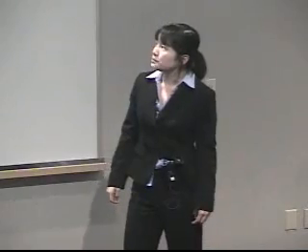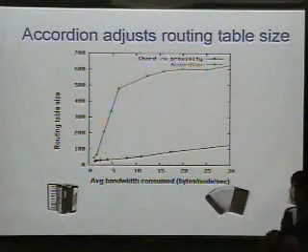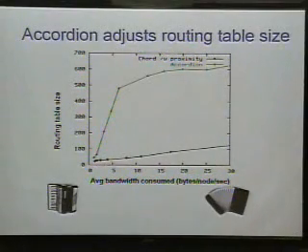And for Chord, these points actually correspond to the different points on the convex hull of the Chord protocol. So in fact, if you give Chord more bandwidth budget, you need to tune Chord's parameter to be able to use a larger routing table size.